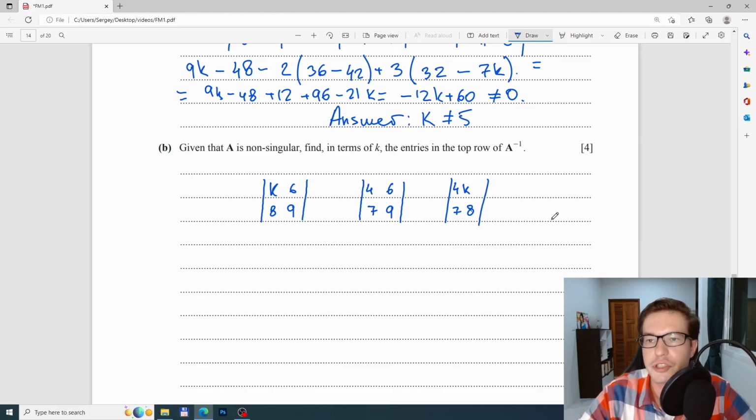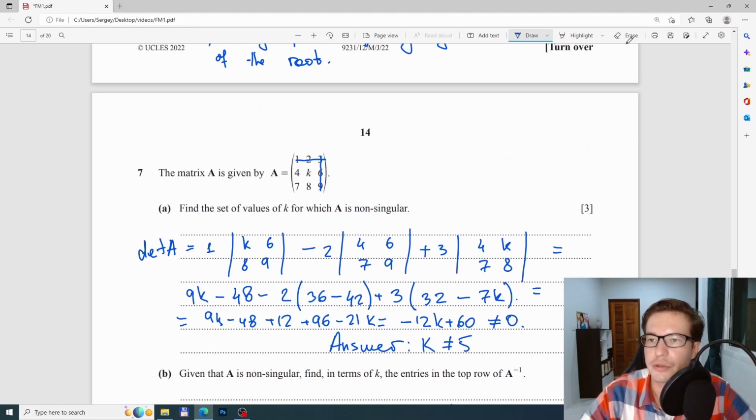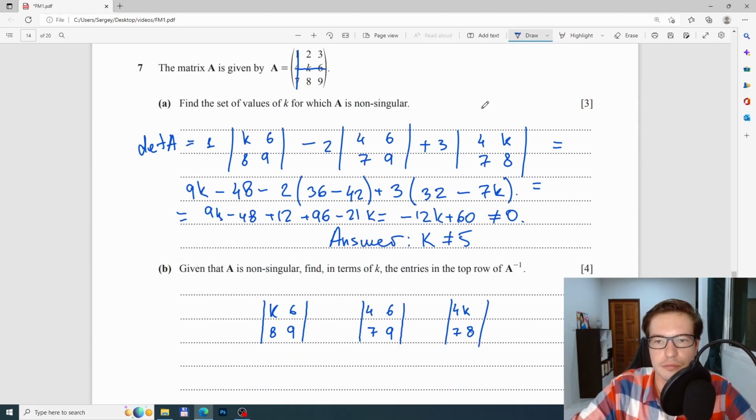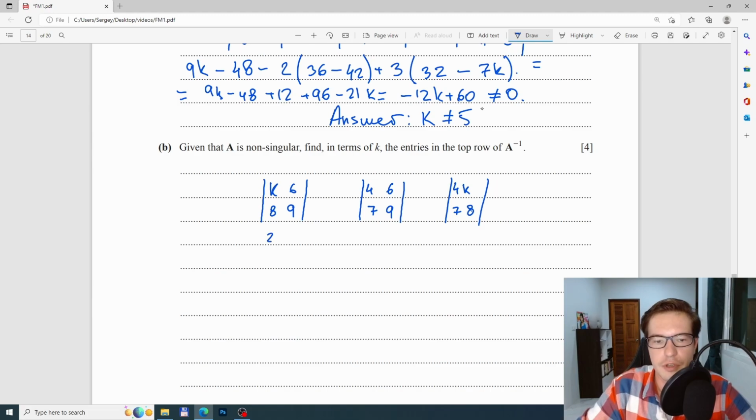And then I will just have to continue doing crossing out and writing down what is remaining. So next step, cross out 4. What remains is 2, 3, 8, 9.